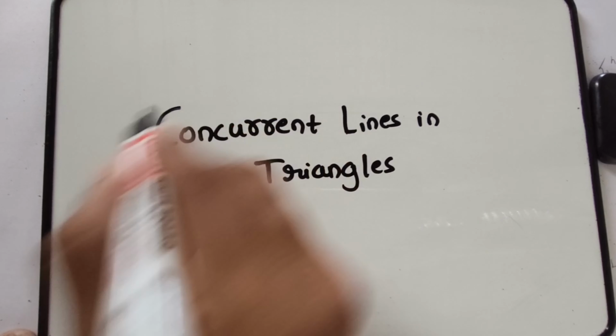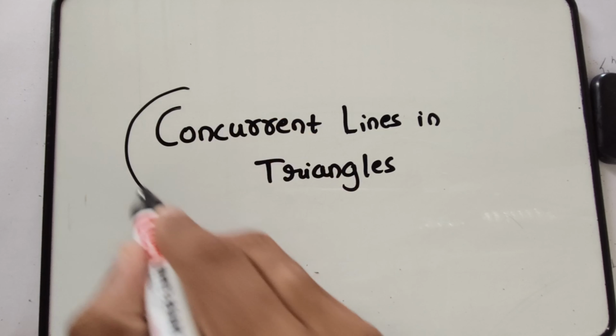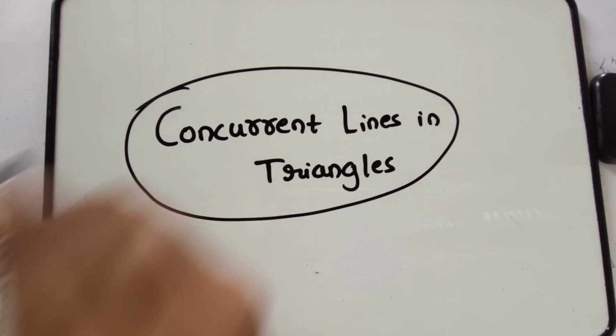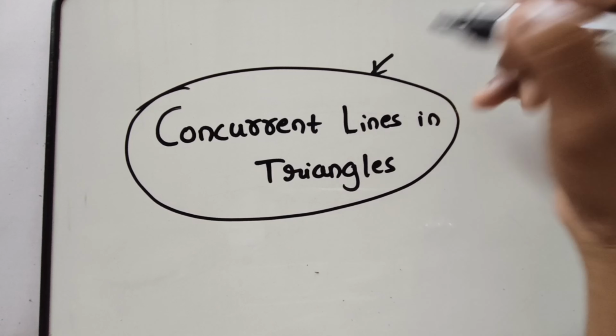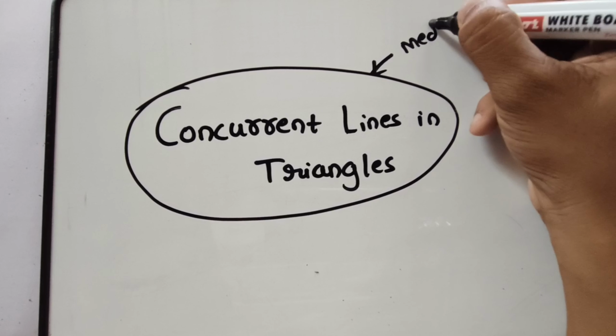Let us know what the concurrent lines in a triangle are. Already one of them you learnt now, that is median. What are concurrent lines in a triangle?